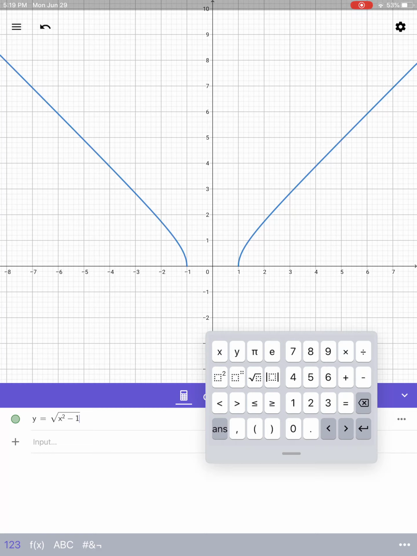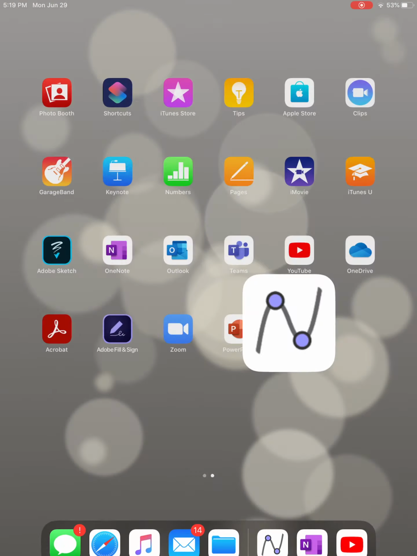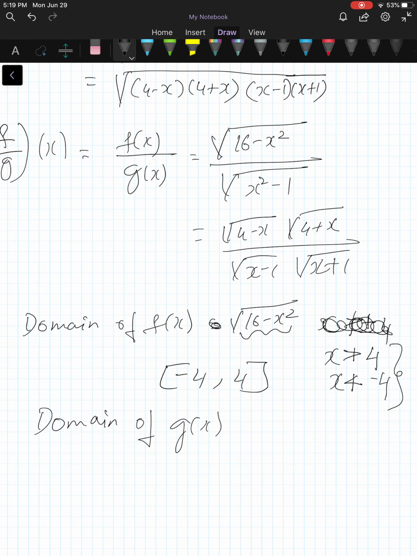You can see the x values are running between -1 and +1. So with the graph, the domain of g of x is the closed interval -1 to 1.